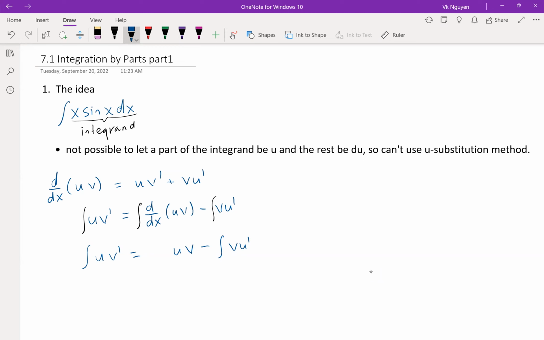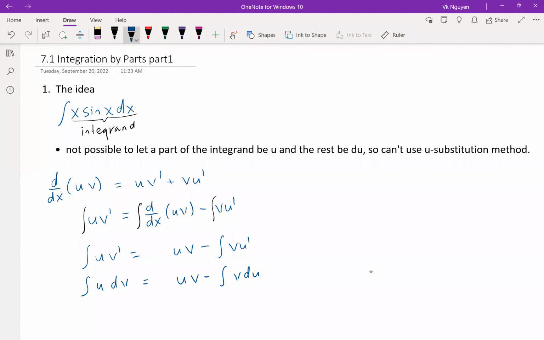The v prime, we rewrite as dv. So the integral of u dv is uv minus the integral of v du.